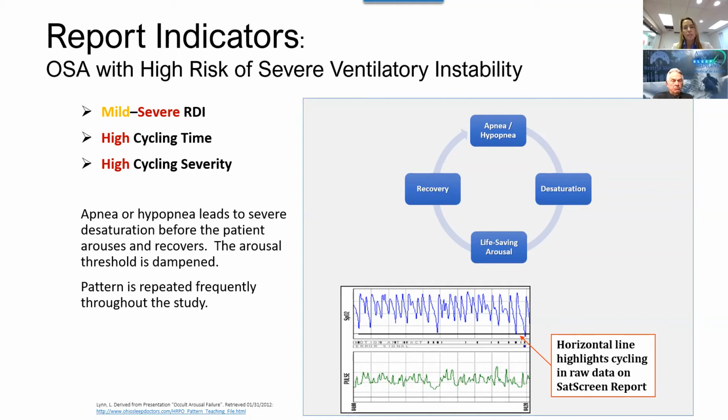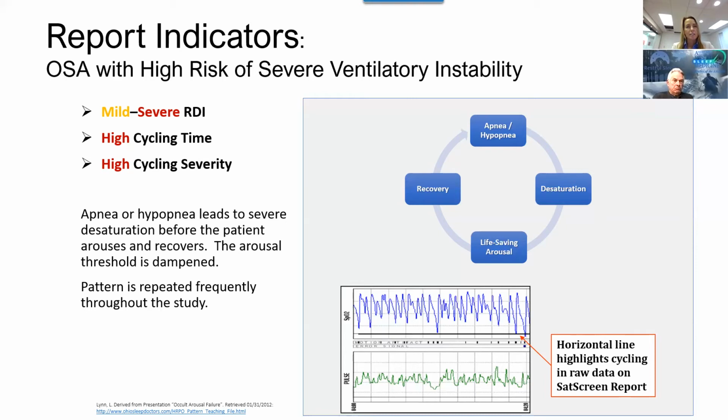The reason for that is some of these patients that have more severe apnea will stop breathing for, instead of several seconds, 10 or more seconds, 60 to 90 seconds at a time. So they may have a lower RDI just based on the fact that they're having fewer but much longer events during that period.